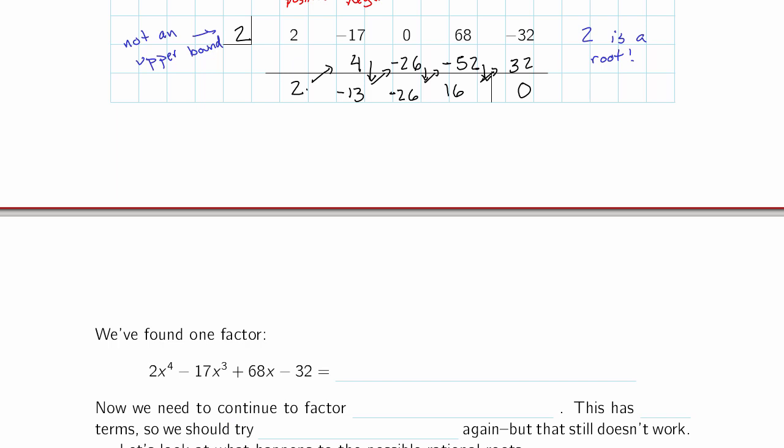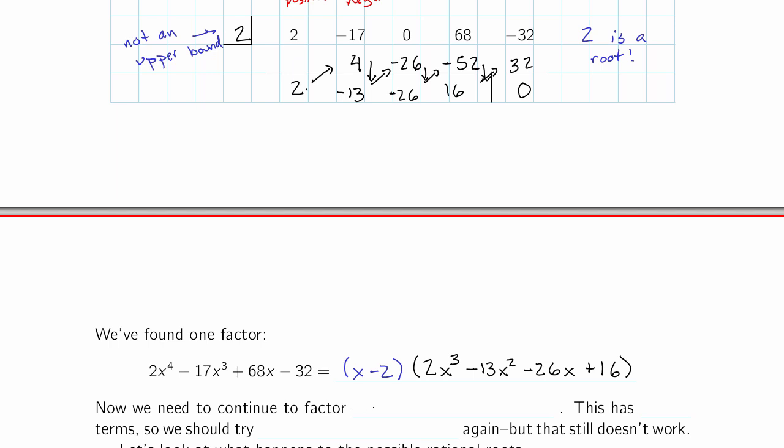We got the factor x minus 2. And the synthetic division shows us that the remaining factor is 2x to the 3rd, minus 13x squared, minus 26x, plus 16.